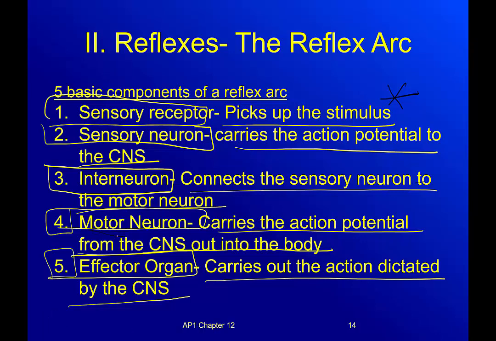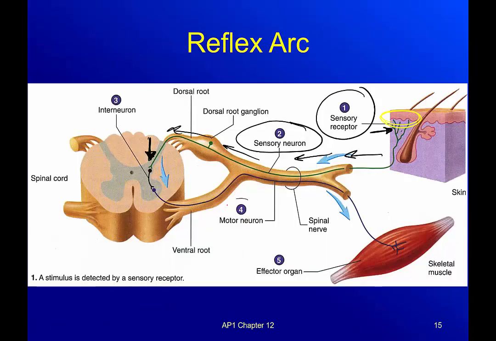Now the motor neuron, number 4. The motor neuron is responsible for carrying the signal from my central nervous system out to my effector. So this is my motor neuron carrying that signal out. Remember, my brain cannot move my arm.